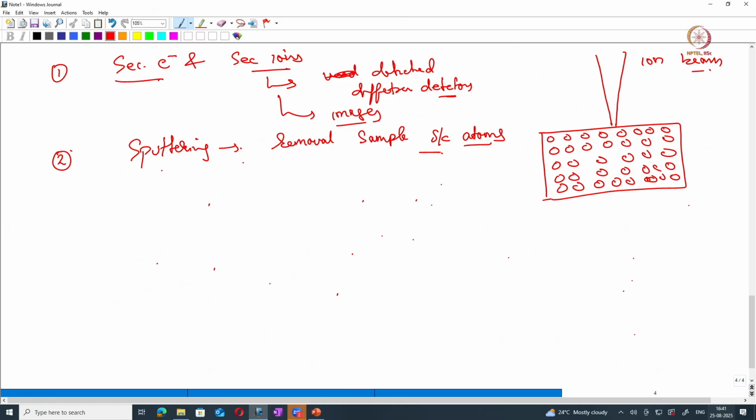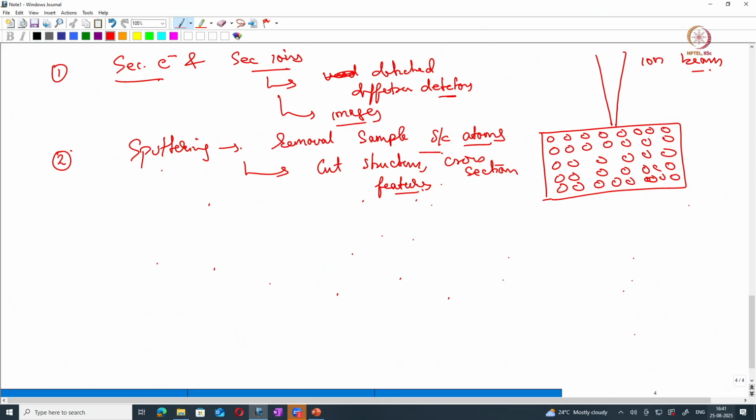So when an ion beam interacts with the sample, the surface atoms can be removed based on the dose rate, based on the ion beam current, correct? And this sputtering process is used to cut the structures, cross sections, and cut the features from the sample.